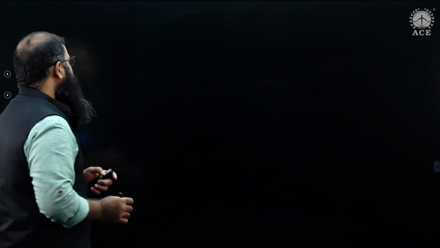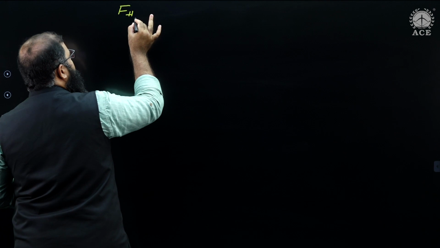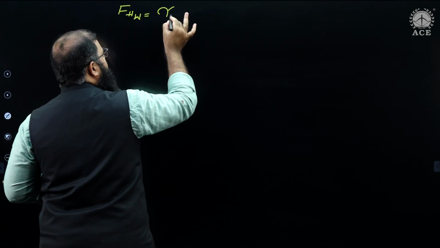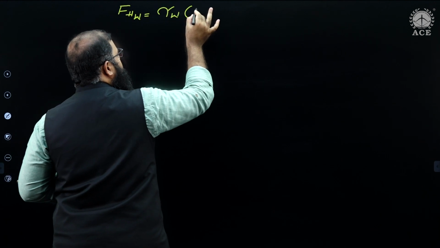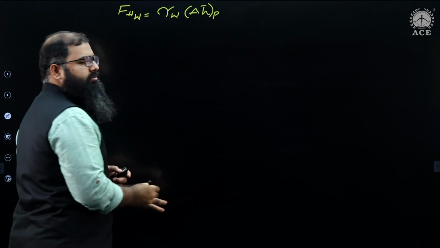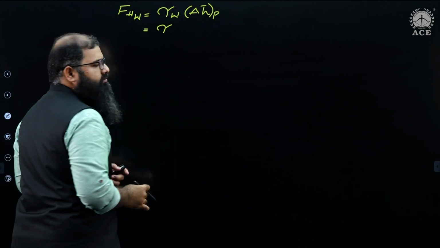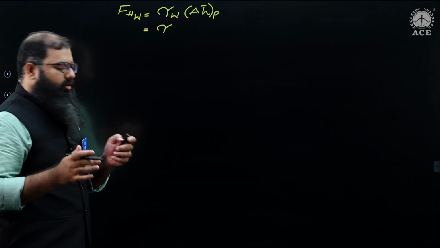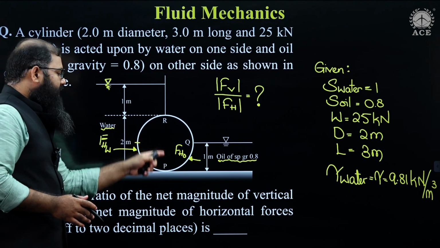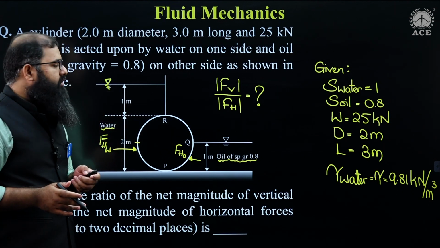Let us start now. The horizontal force by water, I am writing, is equal to gamma of water into area times h bar of projected area. Gamma of water, let us say, is equal to gamma. Area. Now look over here. If I look from the side view, I am going to see the height equal to 2 meters and the width perpendicular to the screen equal to 3 meters.